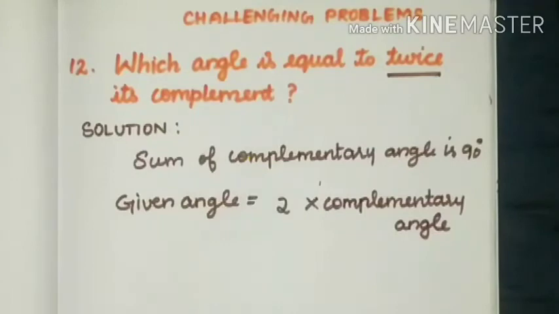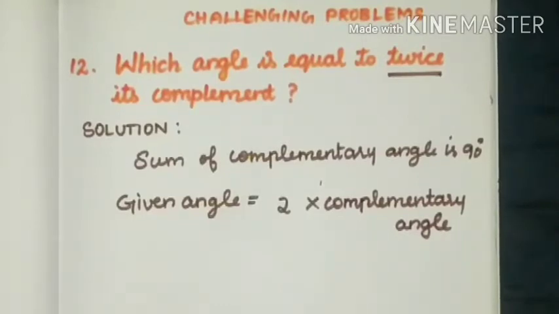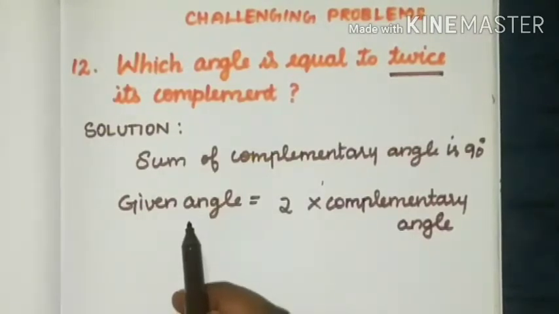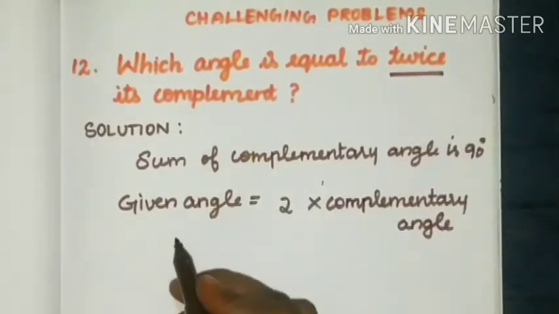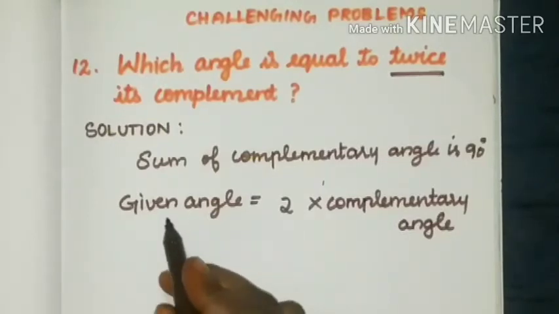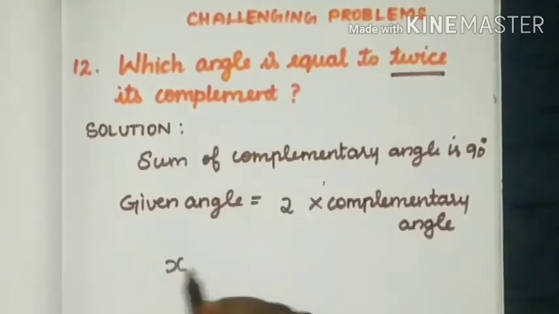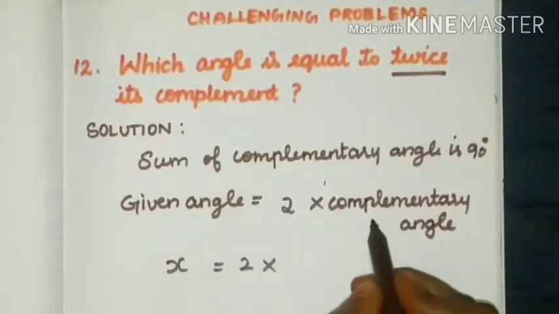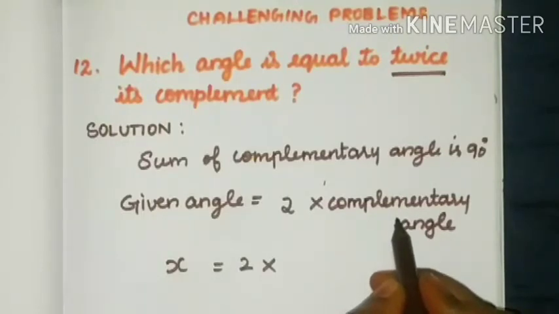Students, in the second unit, you already learned that to find the unknown term, we substitute a variable. Similarly, for this unknown angle, let's substitute the given angle as an alphabet. Let us assume that the given angle is x equal to 2 into the complementary angle.